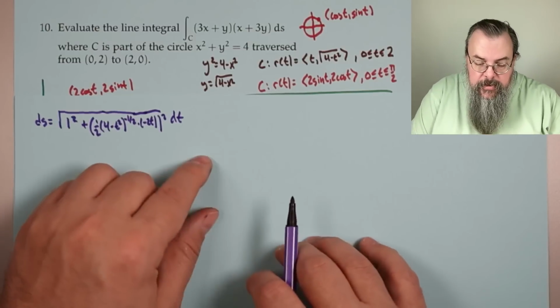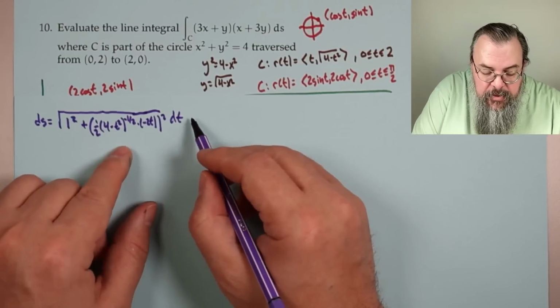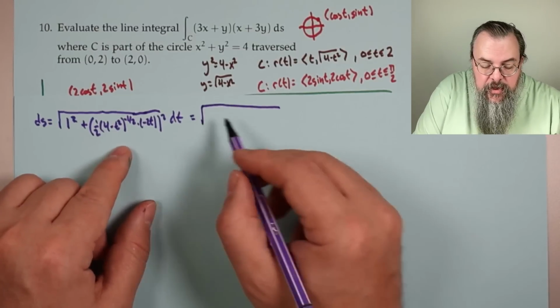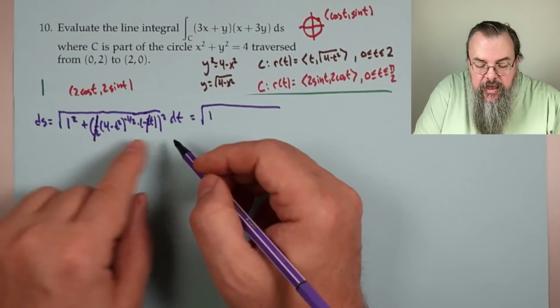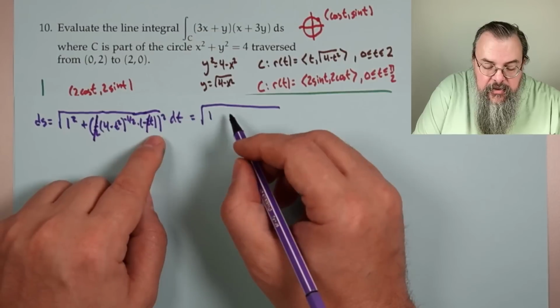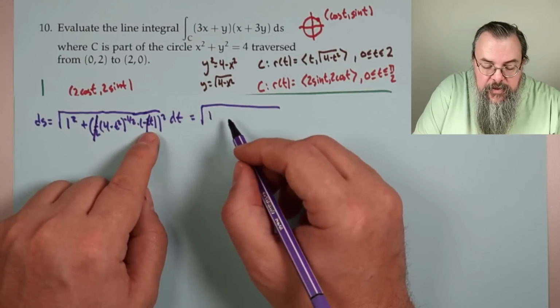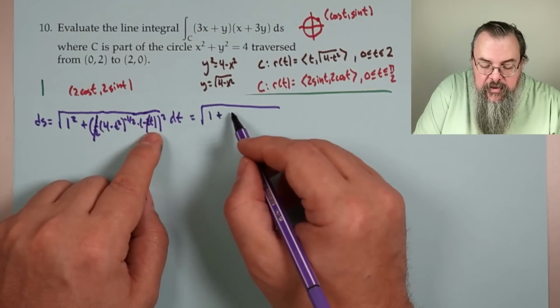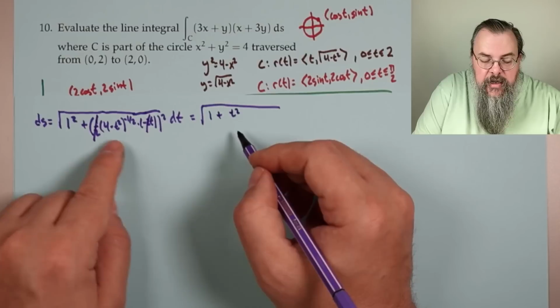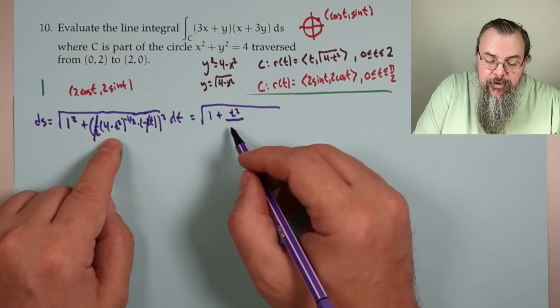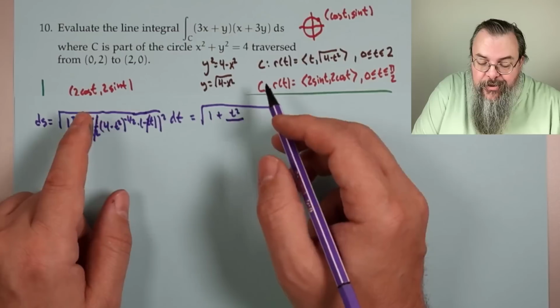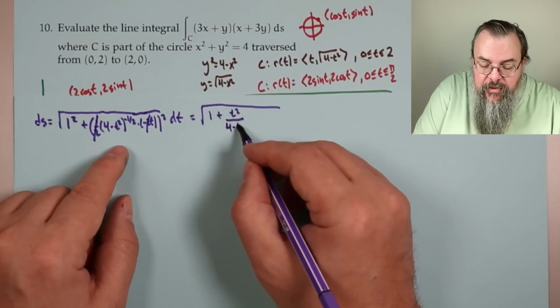All right, now this will become square root of 1. The 2's cancel, that's good. The negative doesn't matter, and so what we really have is a t on the top, so that's a t squared. And then on the bottom, we'll have 4 minus t squared to the 1/2 squared, which makes 4 minus t squared.